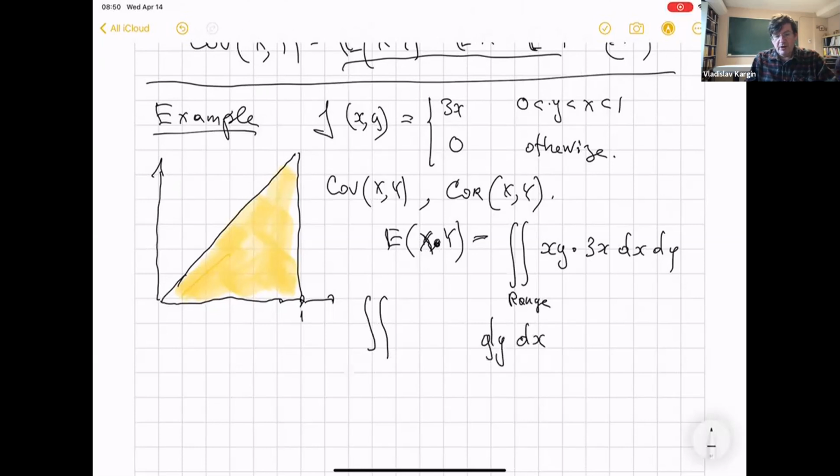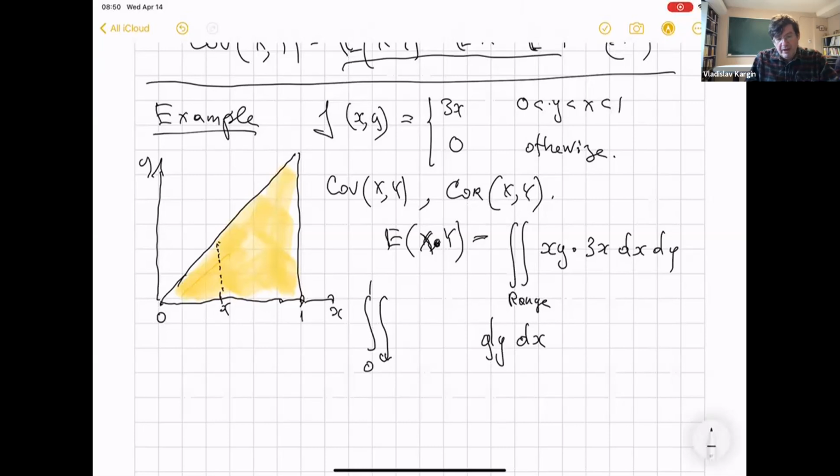So dx will be outer, with x changing from 0 to 1. In the inner integral, we fix x and figure out how y is changing. So now we are integrating over y for a given x.